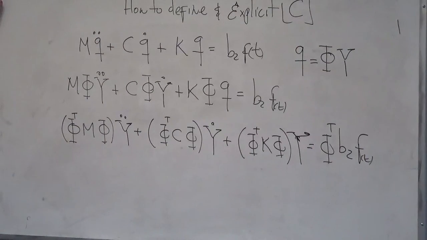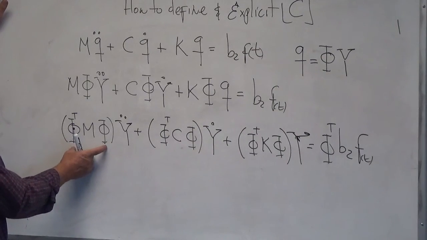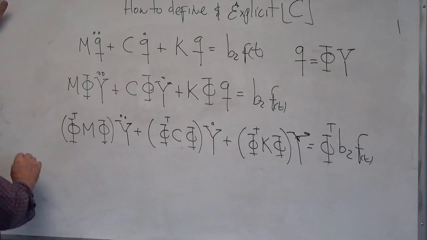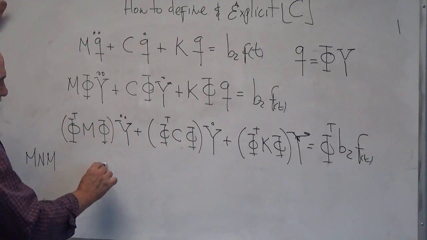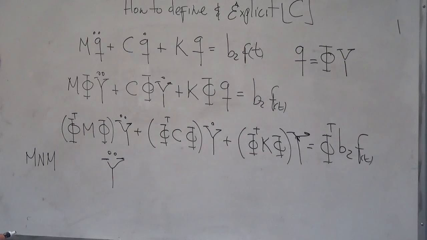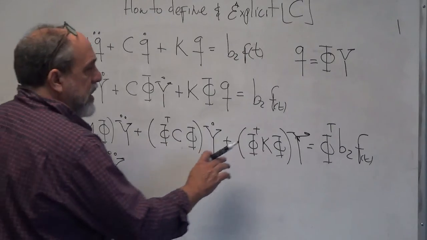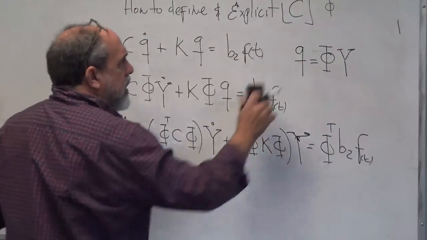Now, if the modes are mass normalized, we already agreed and we have proven that this matrix is just the identity, right? So for mass normalized modes, this just becomes the identity and this equation has y double dot. Now, I don't know if this will be immediately obvious or not, but in the derivations that we did to show this, it also follows that, yeah, now I remember, we did it.